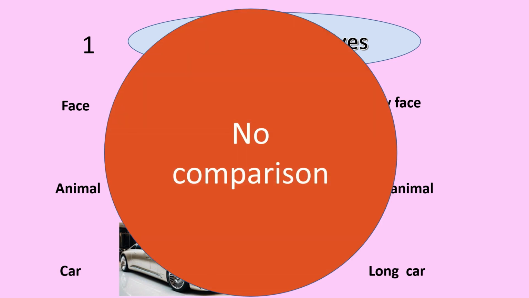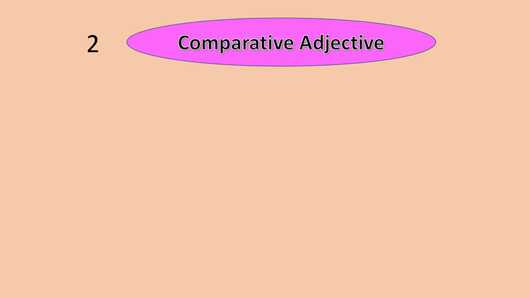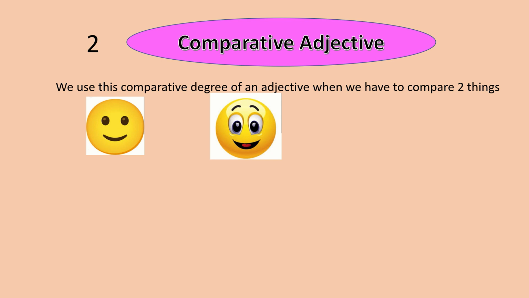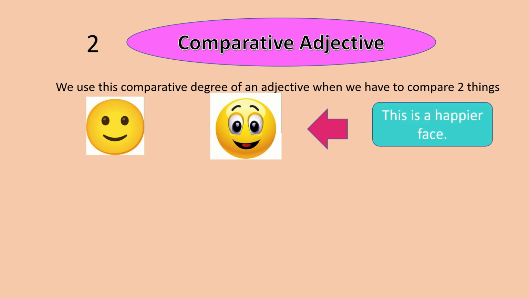Remember, there's no comparison. And the second type, it's the comparative adjective. We use this when we have two things to compare. This is a happy face, but the second picture is a happier face. So the word happier is the adjective.